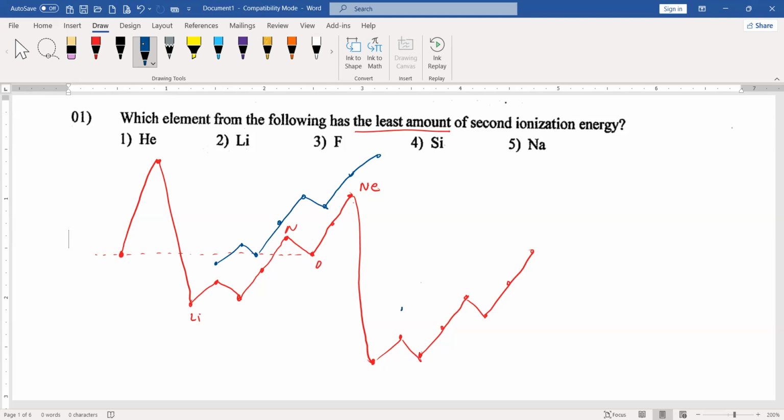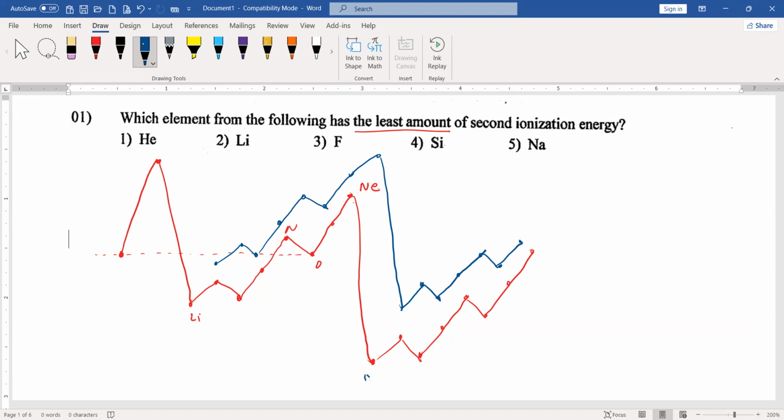And then here. Like that. So this is the blue color, the second ionization energy graph.